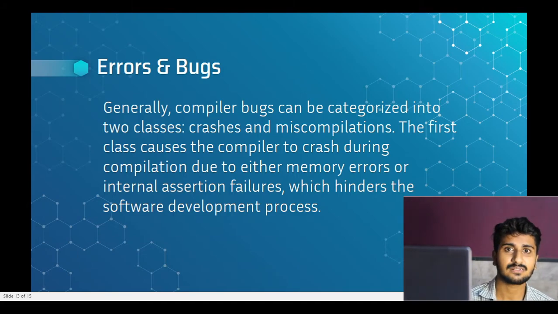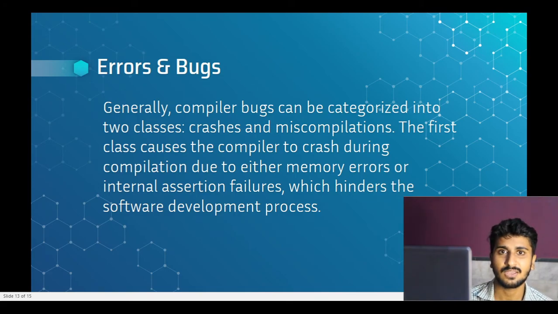When we write any code and want to run our software, we want to compile the software. If our code has more and more errors, it will give us errors and crash. And if our code is okay but the compiler is out of hands and is not getting full resources, it will be a miscompilation.